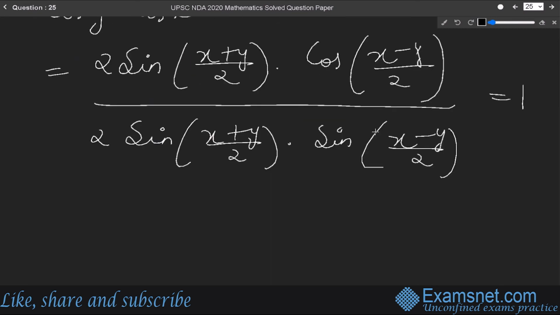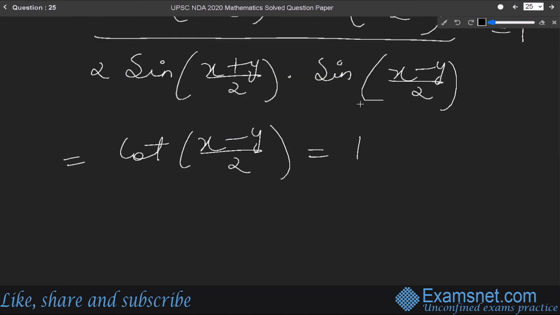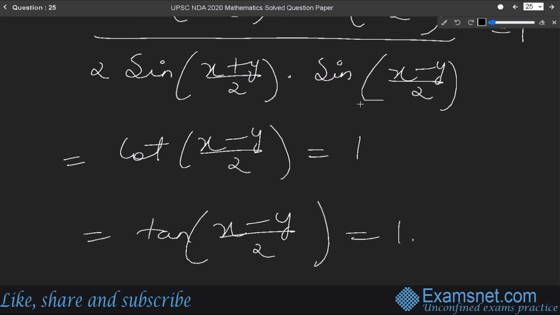Now further solving it, we will get cot x minus y by 2 is equals to 1. Now we know that cot x minus y by 2 is tan x minus y by 2. So tan x minus y by 2 is equals to 1. And in the question we have to find the value for tan x minus y by 2. So the value of tan x minus y by 2 is 1.